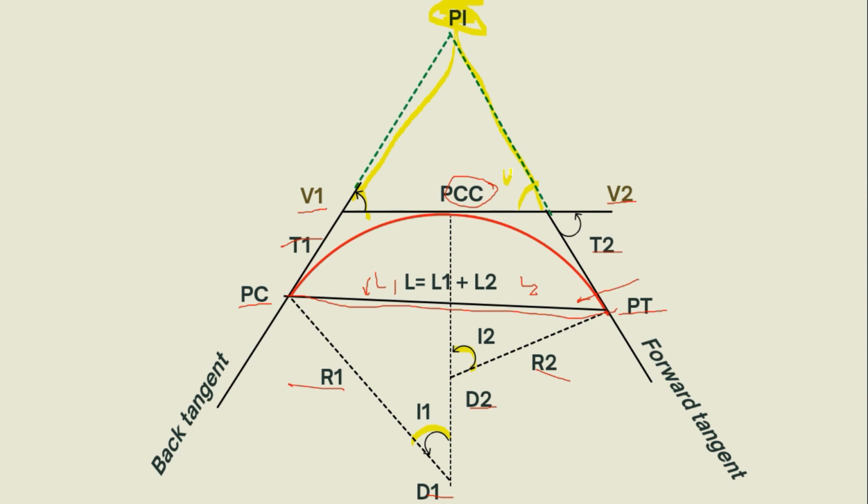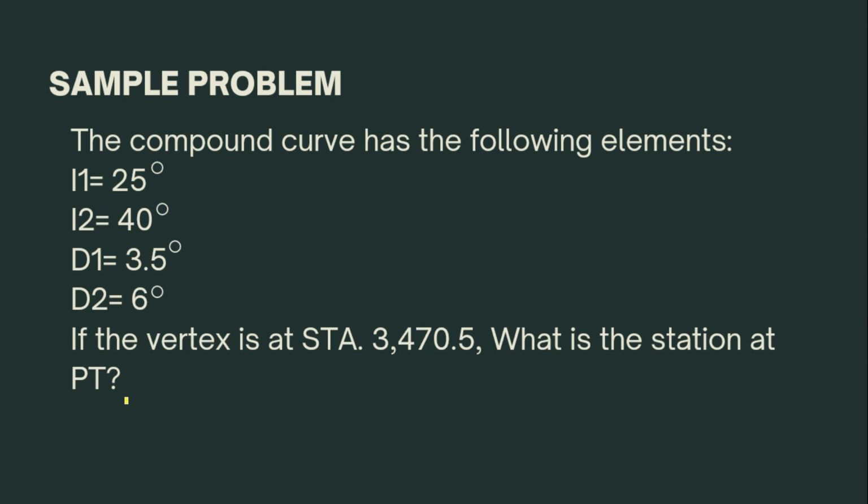Alright, so to better understand these elements of the horizontal curve, I will be presenting the sample problem. Let's say that the compound curve has the following elements. The I1 is equal to 25 degrees. The I2, the central angle of the second curve, is equal to 40 degrees.